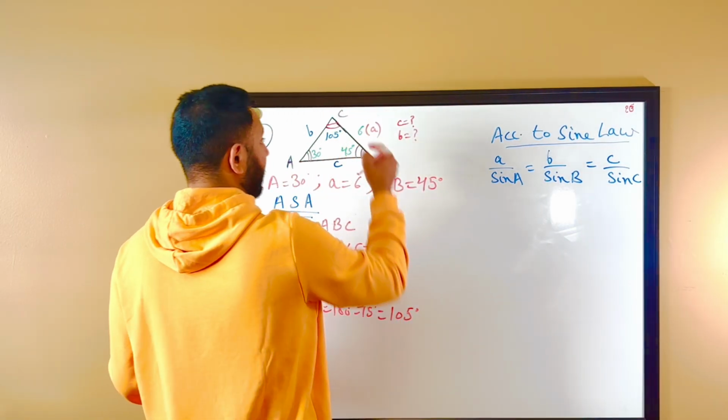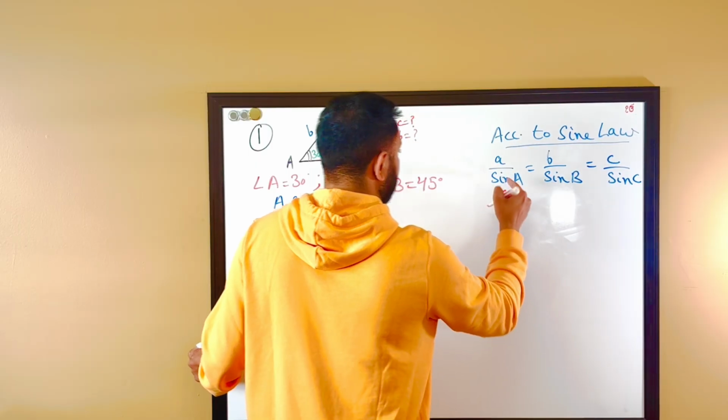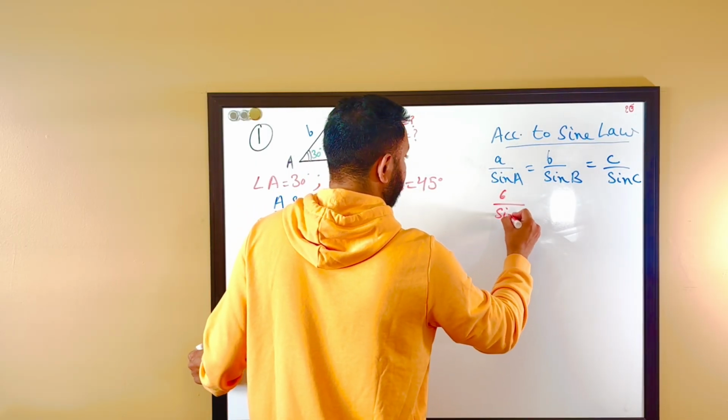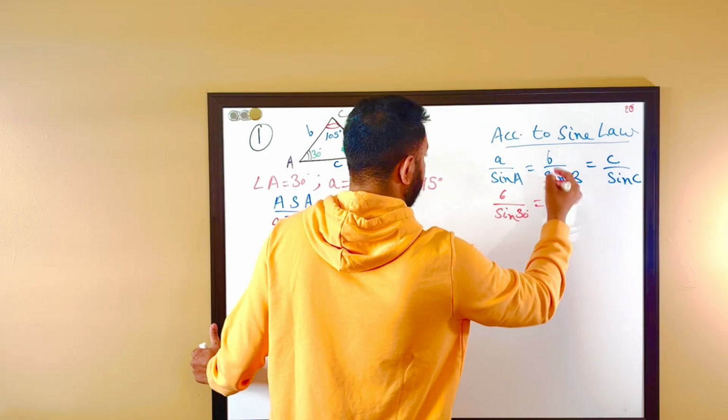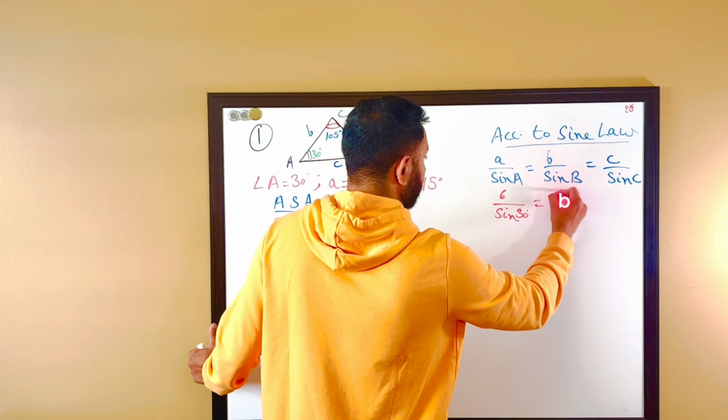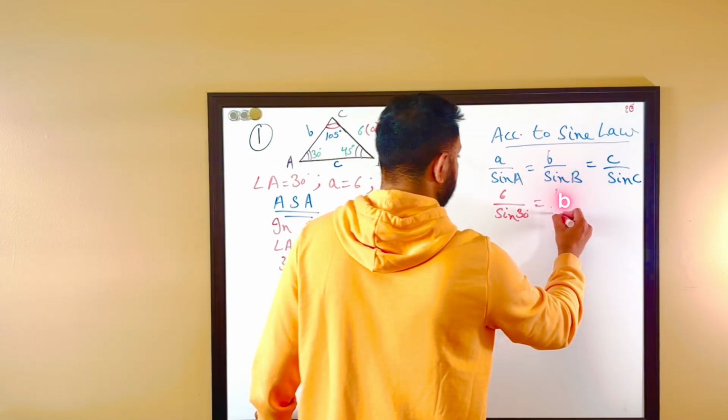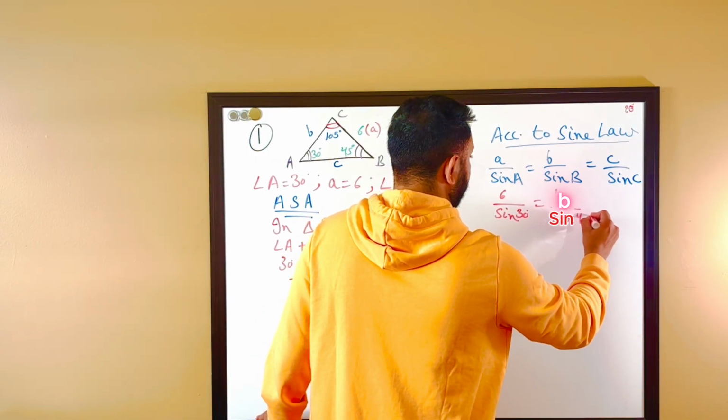So what is small a? 6, and sine of angle A which is 30 degrees, and small b that we need to find out, and sine 45.